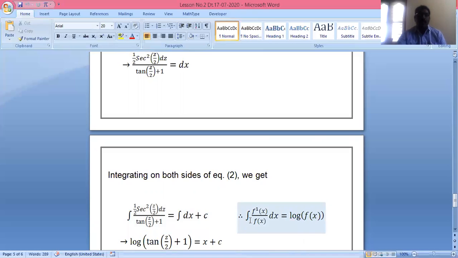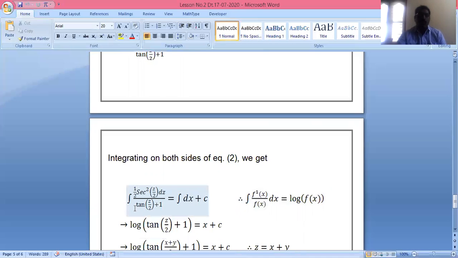We know that ∫f′(x)/f(x) dx = log f(x). By using this formula, ∫(1/2)sec²(z/2) dz/(tan(z/2) + 1) can be written as log(tan(z/2) + 1) = x + c.